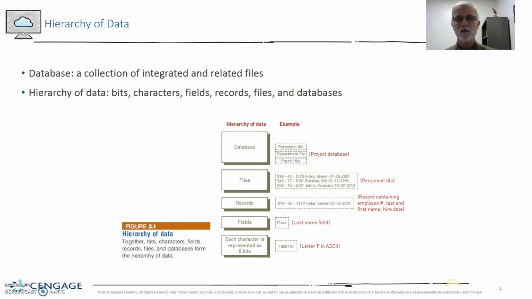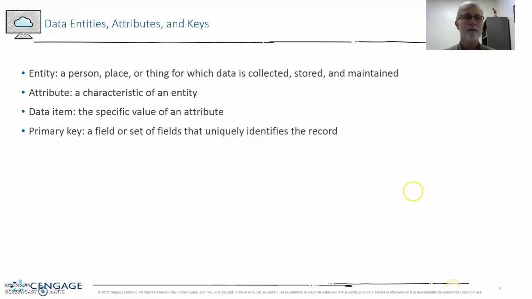So I can do other searches and changes if I populate a database. Keep in mind, going from bits all the way to databases, there is this hierarchy. They all build on one another, and we'll go from there.